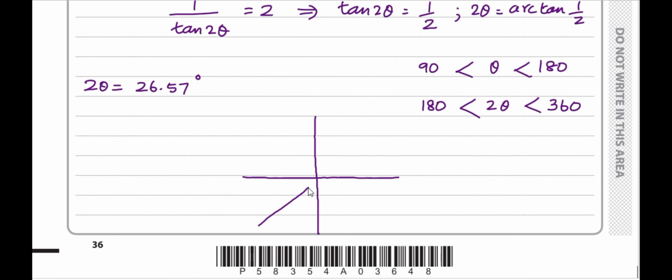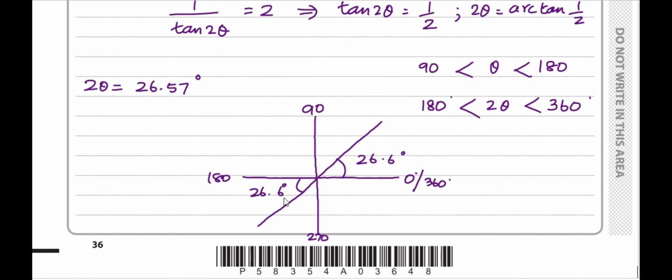So let's draw this line here. Okay. So this is 26.6 degrees to one decimal place. Here also 26.6 degrees to one decimal place. Okay. So this is 0, 90, 180, 270, 0 degrees slash 360 degrees here. The limit within which we are going to solve 2 theta is 180 degrees to 360 degrees.